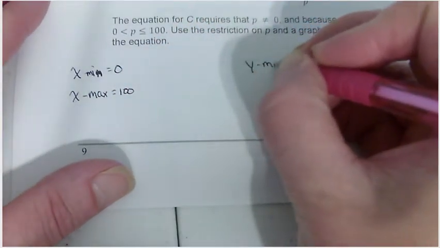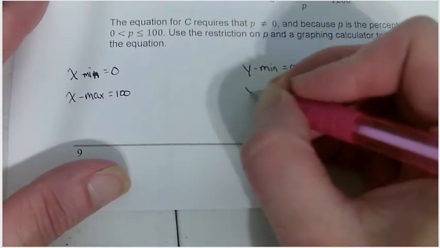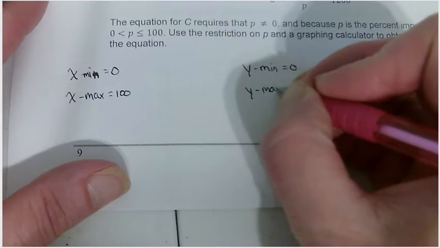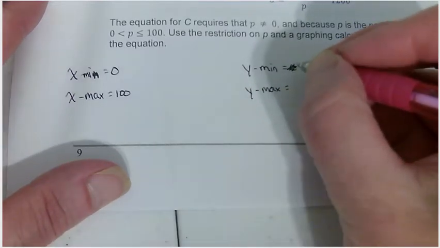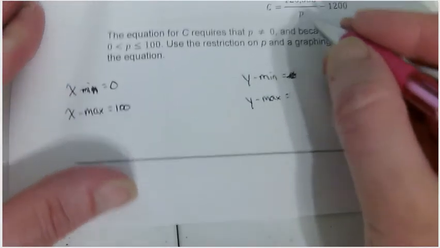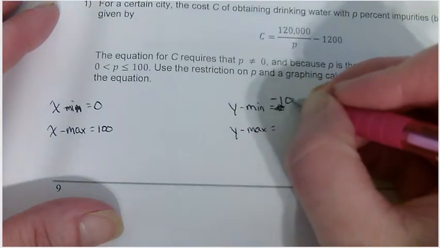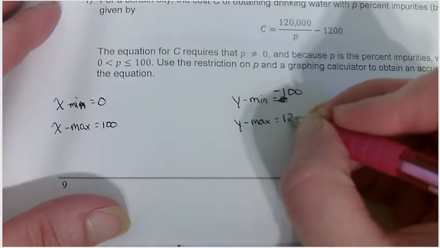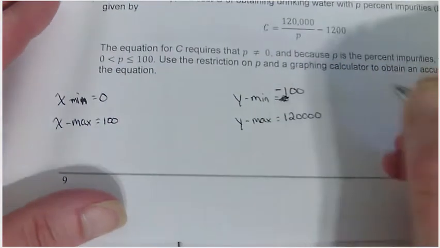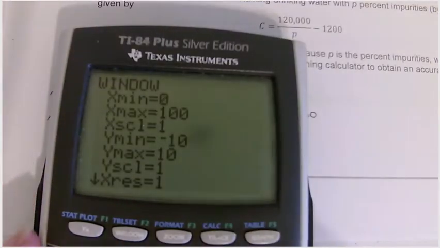Y min, I think I'm going to go with 0. Actually, I'm going to go a little bit below that. So if I've got to get all the way to 120,000, I'm going to do like negative 100. And I'm going to go all the way up to 120,000. And let's see if we get a better window. So press window.